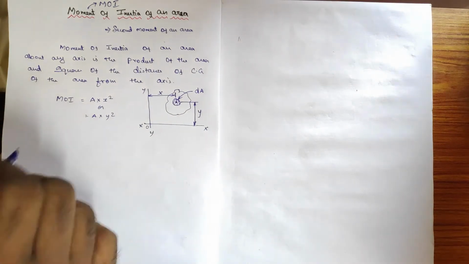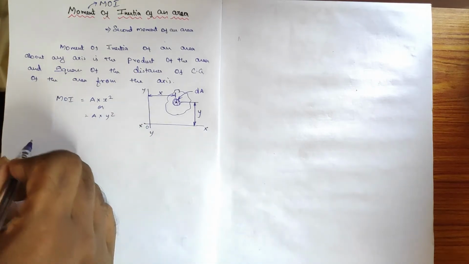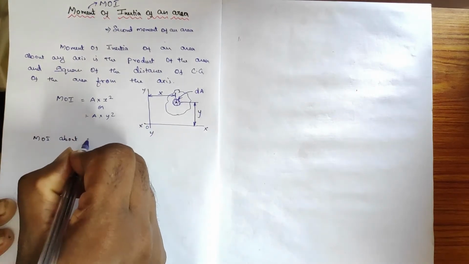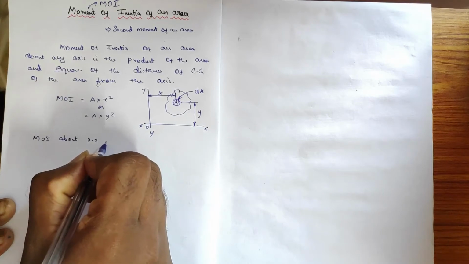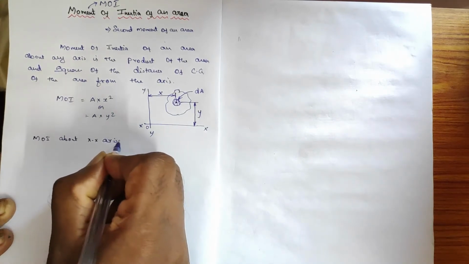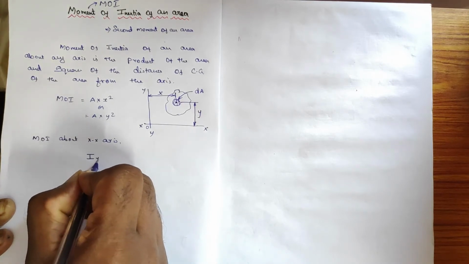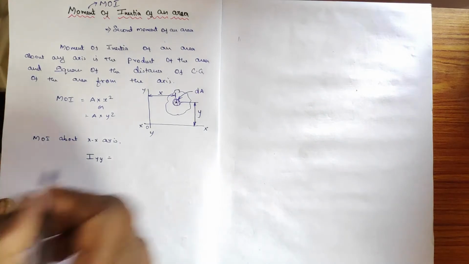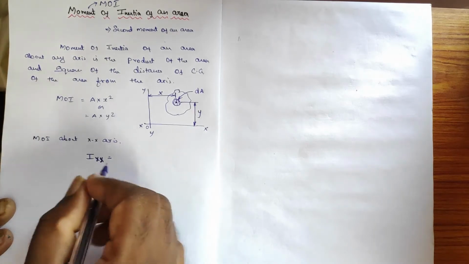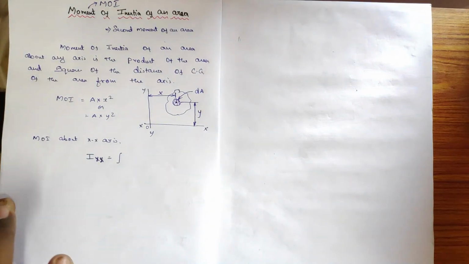If I consider the moment of inertia about the x axis, I x is equal to the moment of inertia of the whole area.